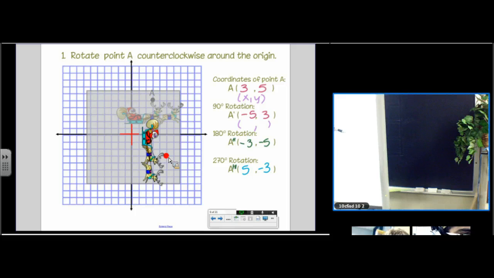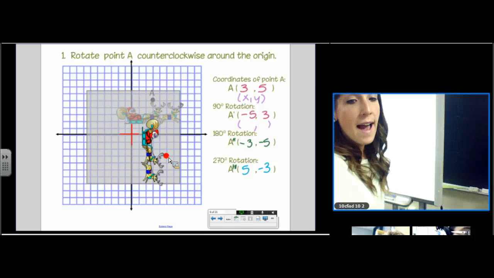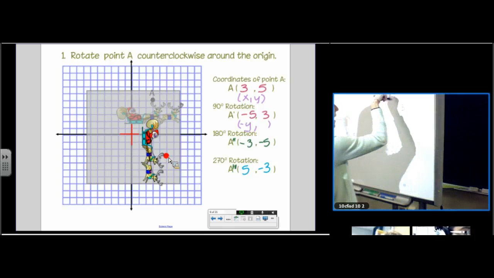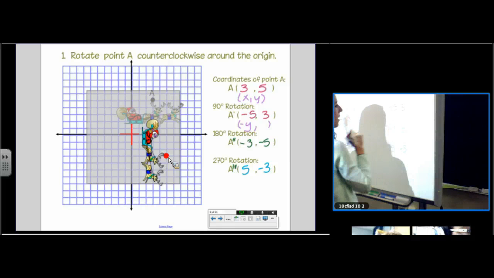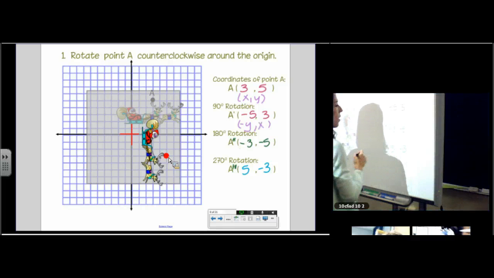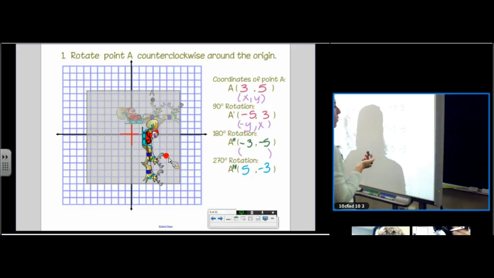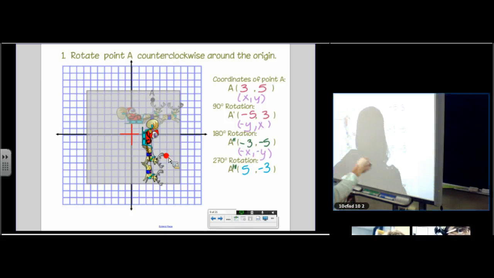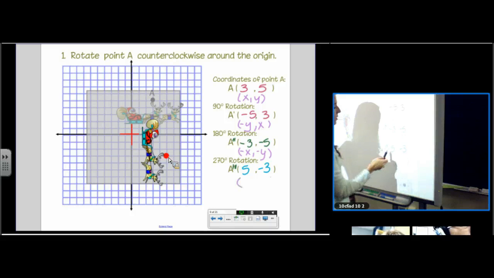Well, this is -5, and 5 was Y's value, so that's -Y, and then X is 3, so that's -Y, X. What would this one be if I look at the original? That would be -X, -Y. And then what would this one be? That would be Y, and then -X.